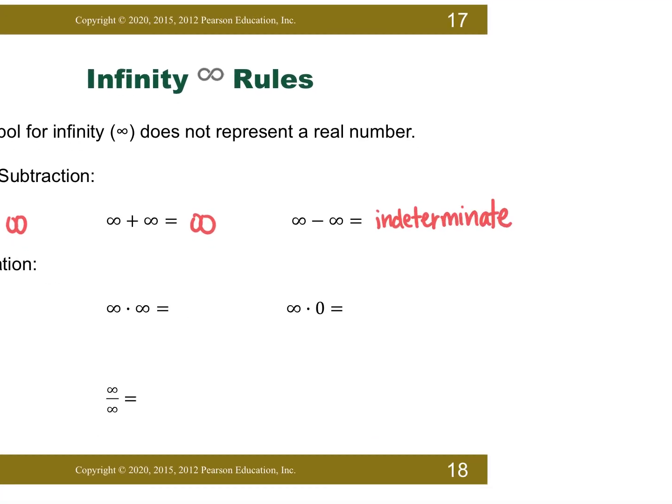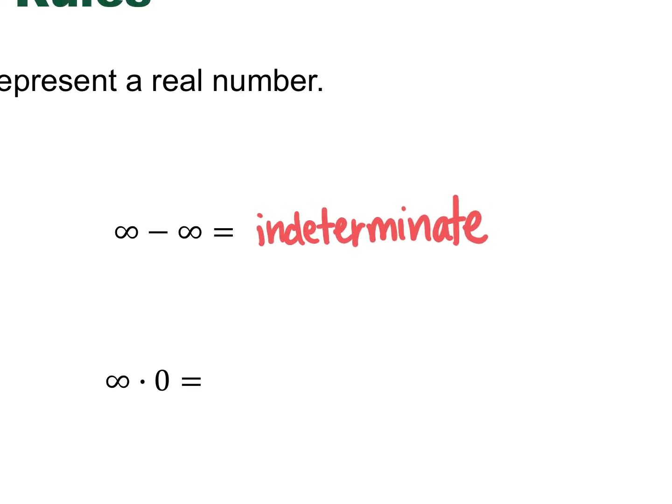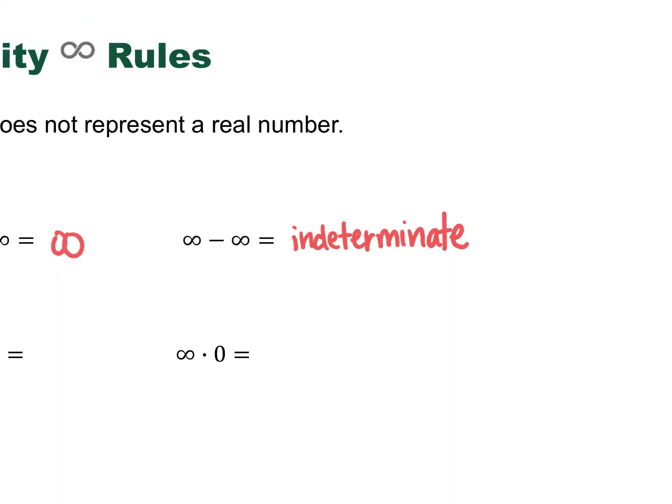Because there are two rules in conflict. One rule is anything minus itself is always 0, but not with this one. And the other rule in conflict is that you can't ever take anything away from infinity without having infinity left, and that doesn't work, so we call that indeterminate.